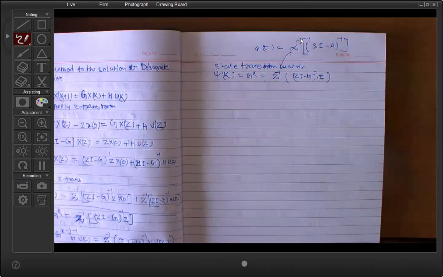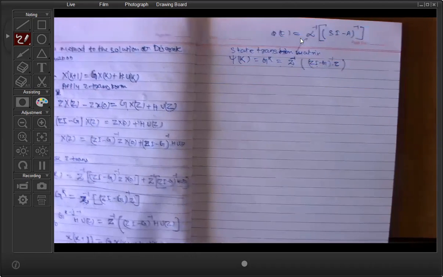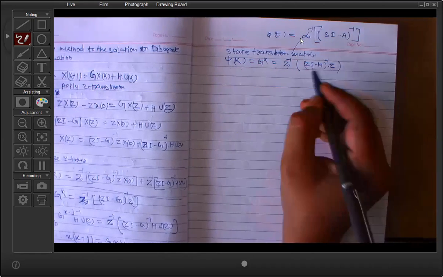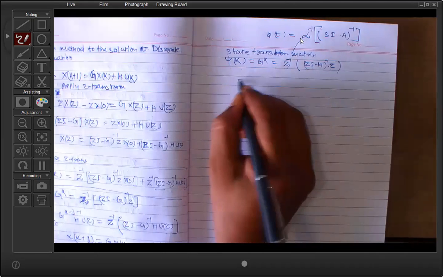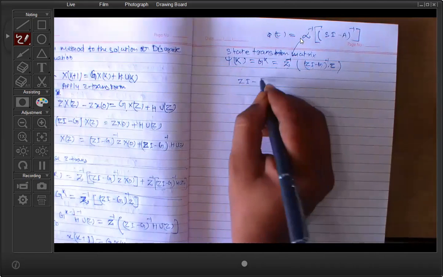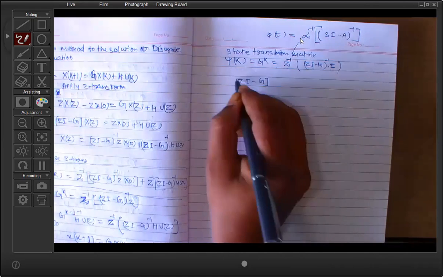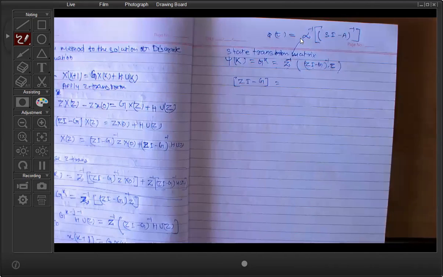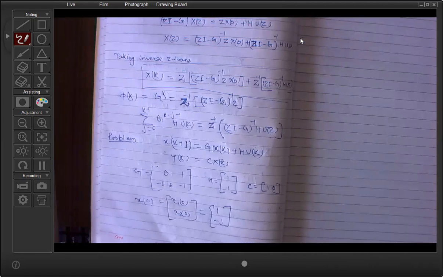Yes, sir. Okay, now we have to find out the ZI minus G matrix. So what is the order of G matrix? 2 into 2.